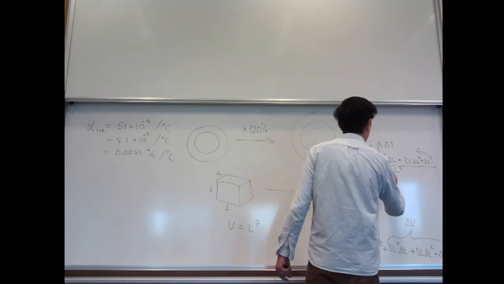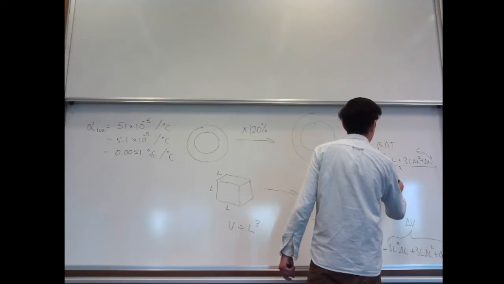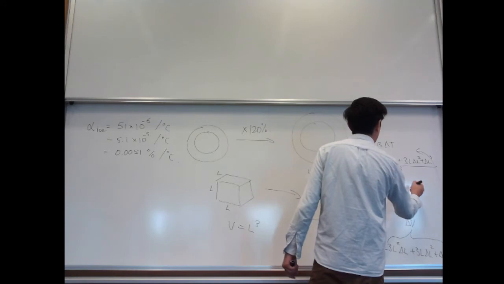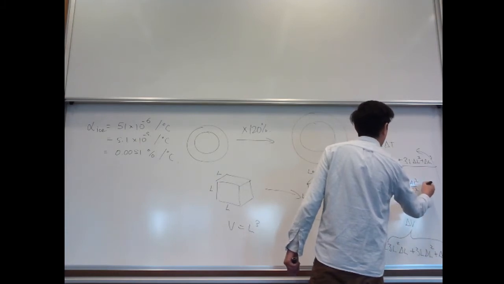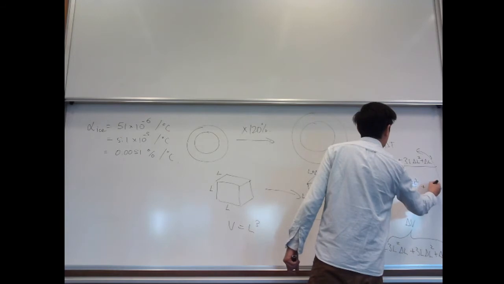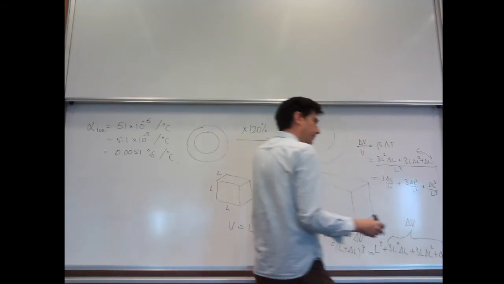And we've got 3 delta L on L plus 3 delta L squared on L squared plus delta L cubed on L cubed.